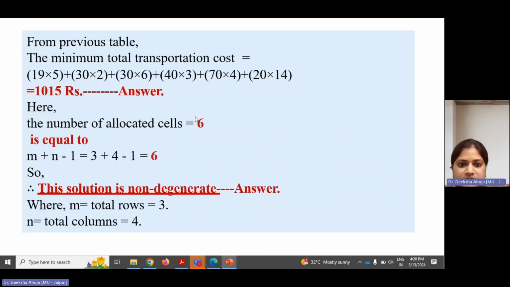M means the number of rows, and there are 3 rows; and there are 4 columns. So 3 plus 4 minus 1 is 6. It means that this is a non-degenerate problem, and this is the ultimate solution that we can give for this type of problem. Thank you. Happy learning.